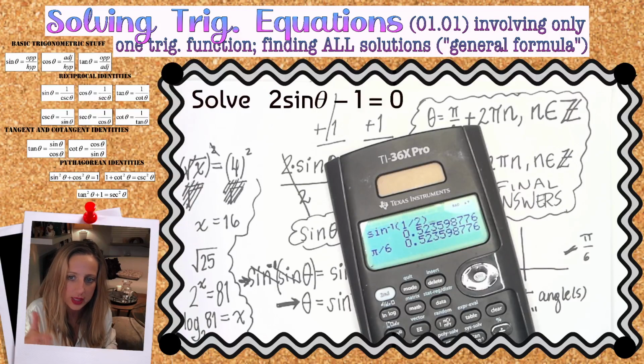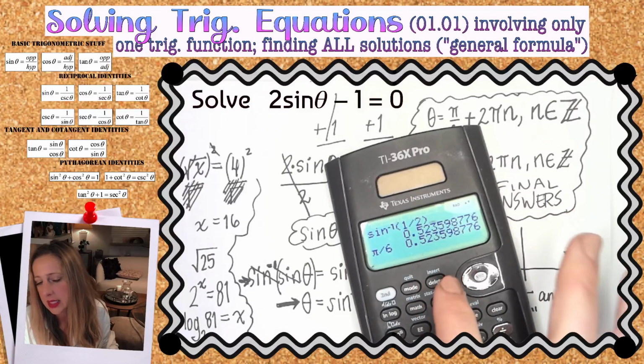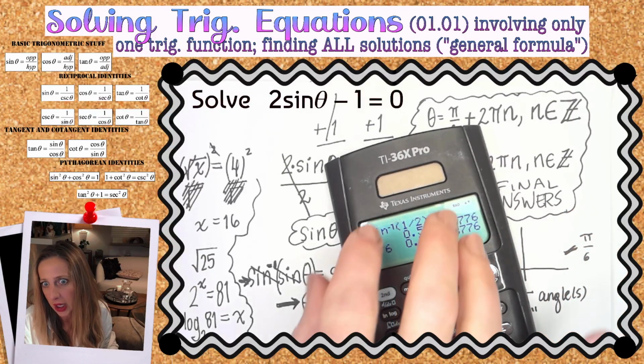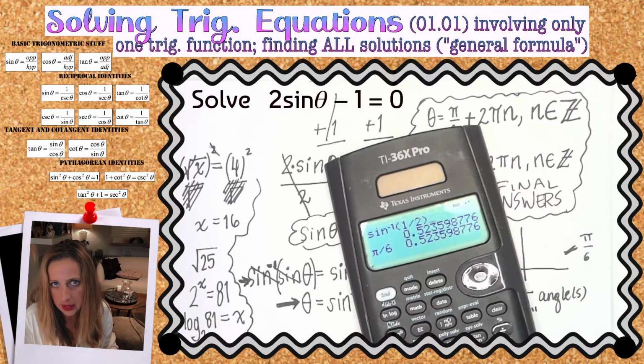Now, the other issue is that number, 0.523598776, is approximate because it's rounded. Pi is an irrational number, non-terminating, non-repeating. By writing our answers in terms of pi, we are significantly more precise, but it didn't give me the other answer. It doesn't tell me 5 pi over 6, but that's why, you know, we're smart.